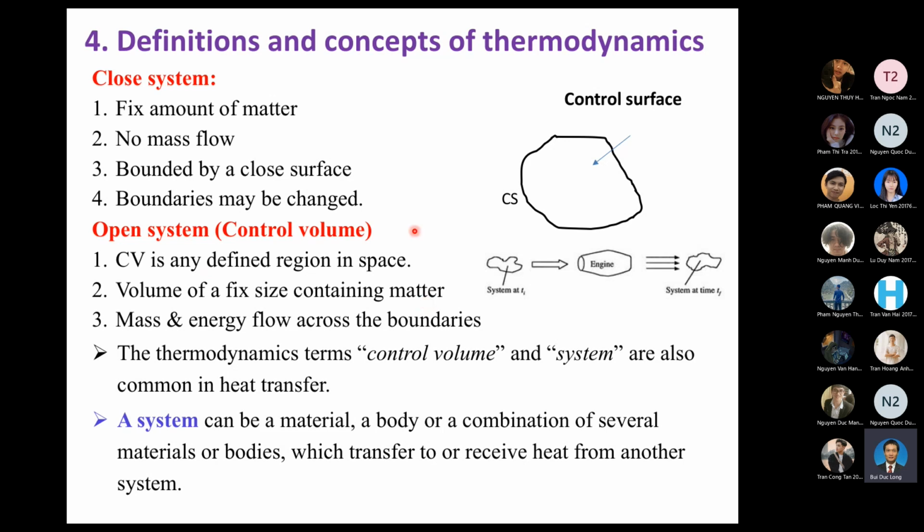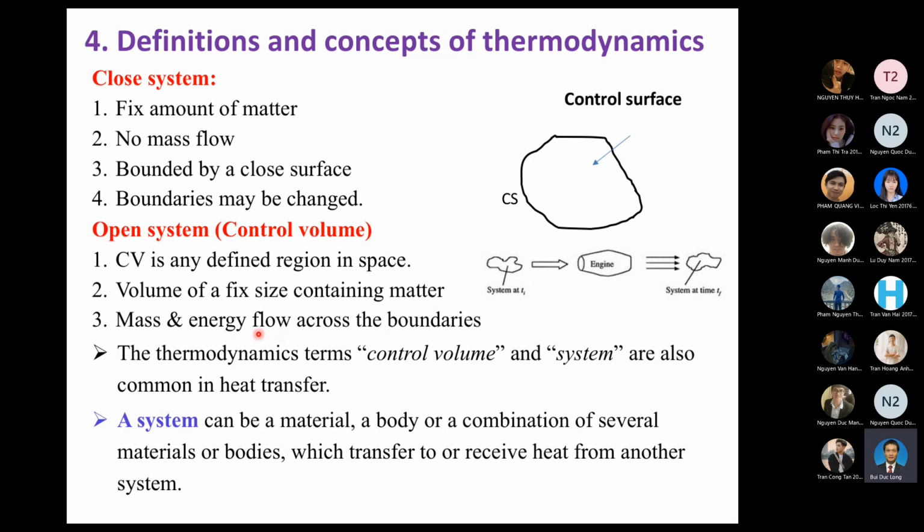So it means the size can be changed, but the matter has to be fixed. But for a closed system, for an open system, the volume has to be fixed inside. Mass and energy flow across the boundary.